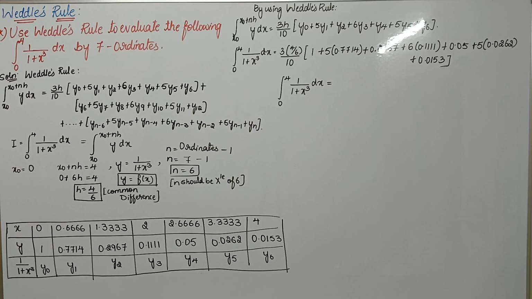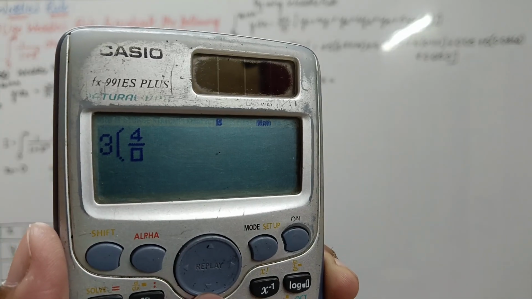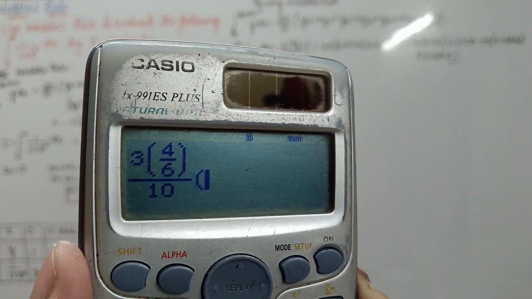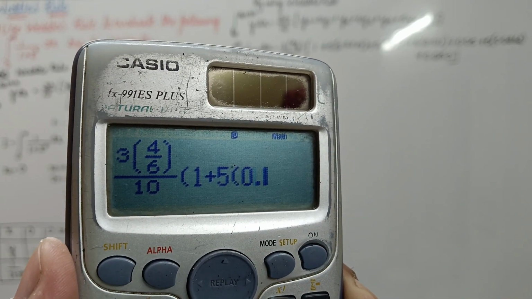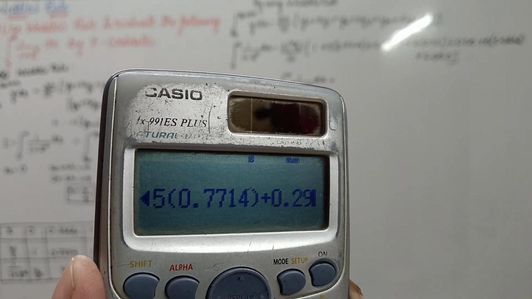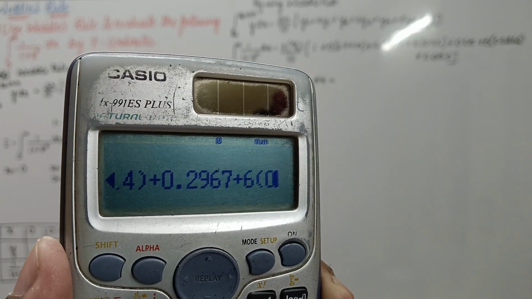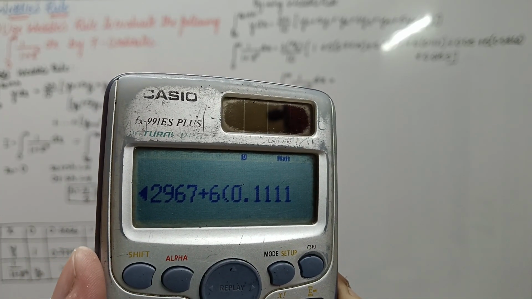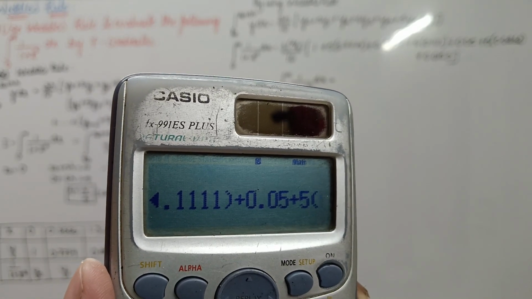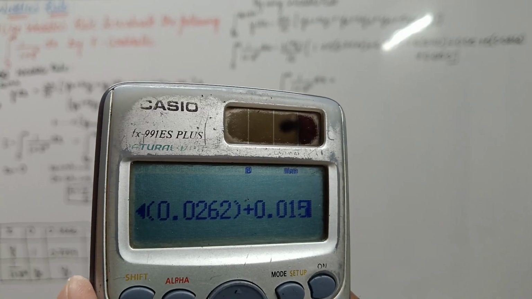Now take the calculator. First we have 3 into 4 divided by 6, close the bracket, whole divided by 10 into, open bracket, 1 plus 5 into 0.7714, close the bracket, plus 0.2967 plus 6 into 0.1111, 4 times of 1, close the bracket, plus 0.05 plus 5 into 0.0262, close the bracket, plus 0.0153.